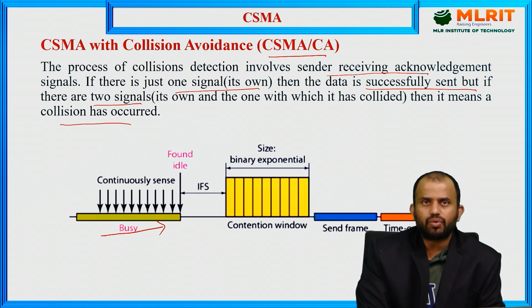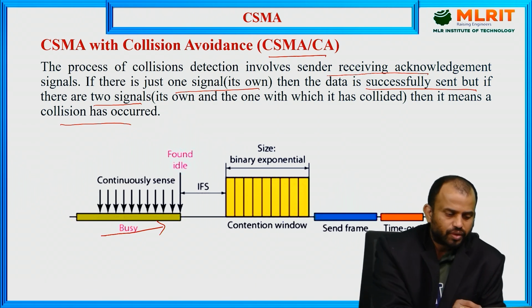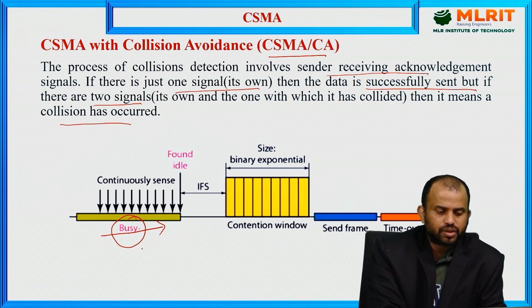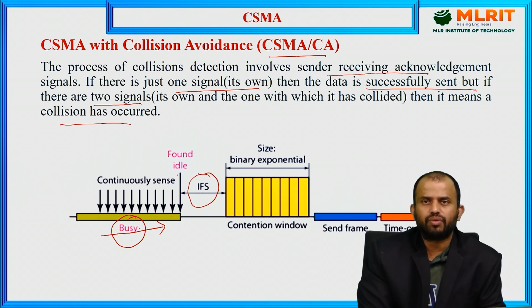But how are we able to avoid the collision? Once we detect a collision, the receiver sends the acknowledgement to the source. So we are waiting again, continuously checking the channel status values. If the channel is still busy, we have to wait some interframe space amount of time, some random amount of time.